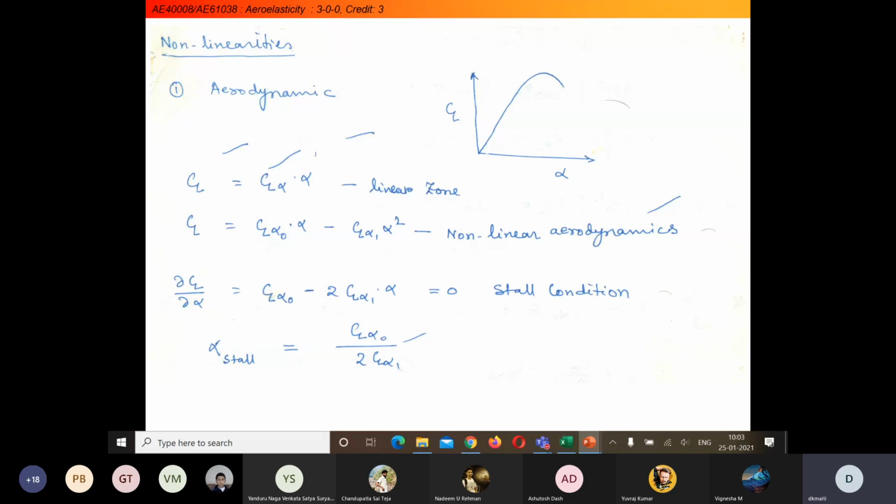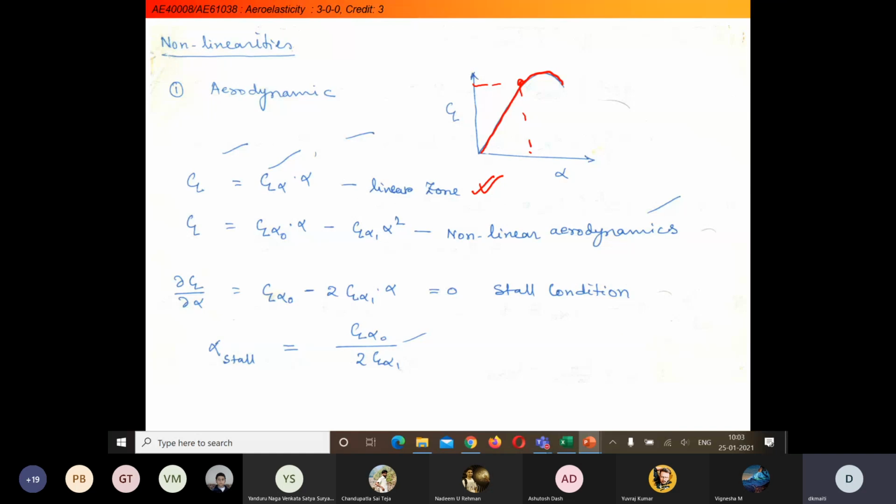If we look at the CL versus alpha curve, typically we get a curve like this, where up to a certain angle of attack, CL and alpha are linearly related. That is what we consider in the linear theory, which is valid up to this point. But if we go beyond that point, obviously this linear theory will not be valid.